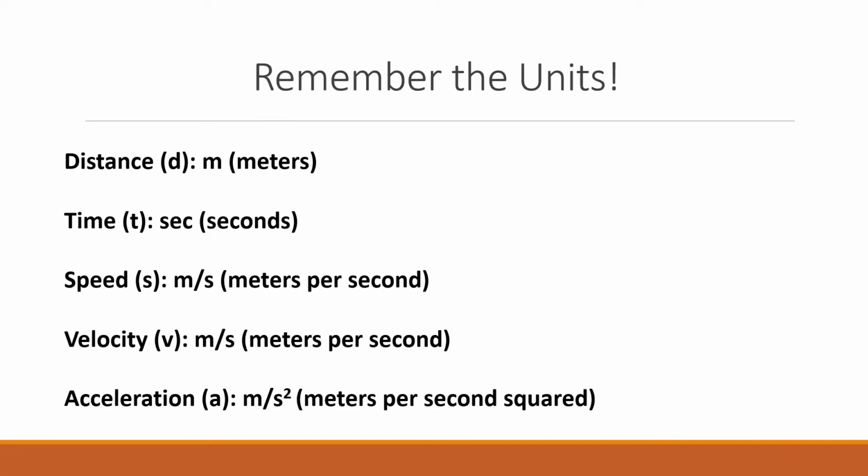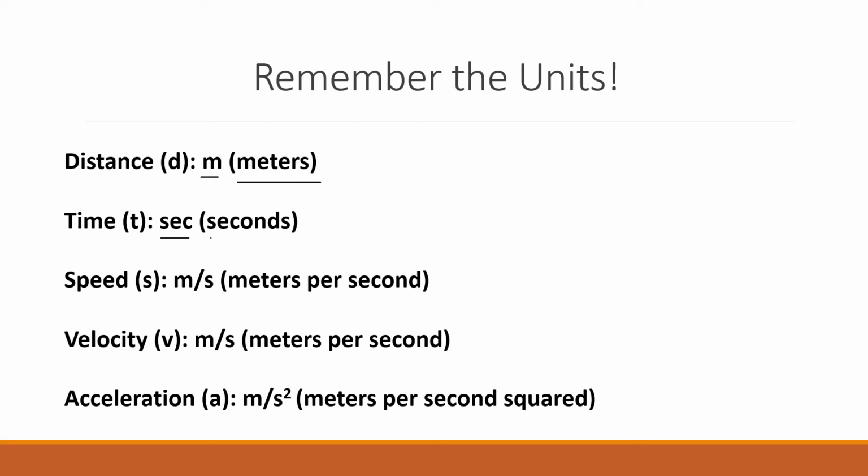And I cannot stress this enough. I know we wrote it down. I know we've talked about this, but I wanted to put it here in this video so that you could scroll to this timestamp. What is it, like 4 minutes, 45 seconds? And I want you to know that this is the list of units. So if you see M in a question, it means meters.